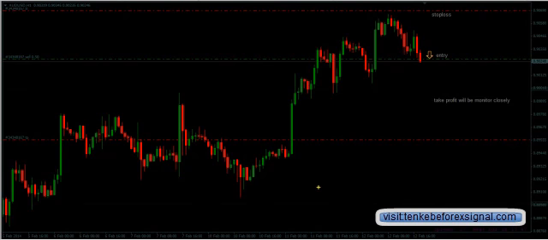The bars have to be 4 consecutively, and then after the pullback we'll look for the kebefx 1 2 3 4 candle formation to trade.